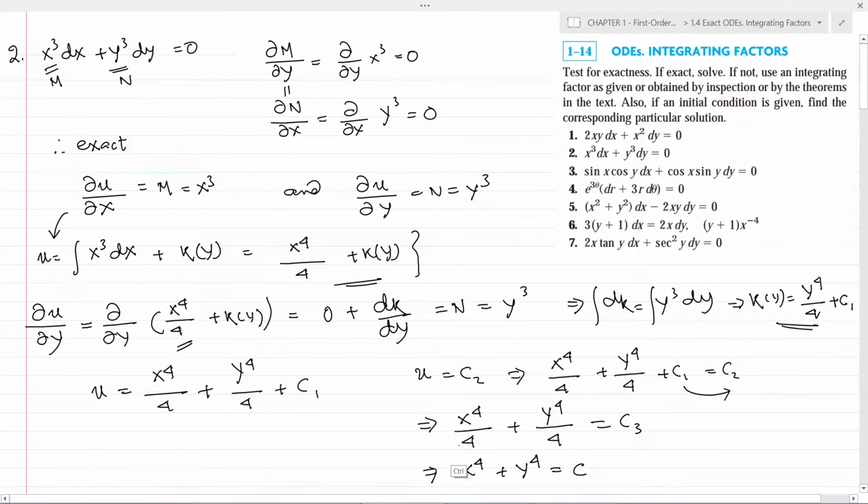Let us take it as C, and this is the implicit form of the solution. We can get the explicit solution by expressing y as a function of x by taking this x to the power 4 term to the right hand side, taking its 1 by 4 power.